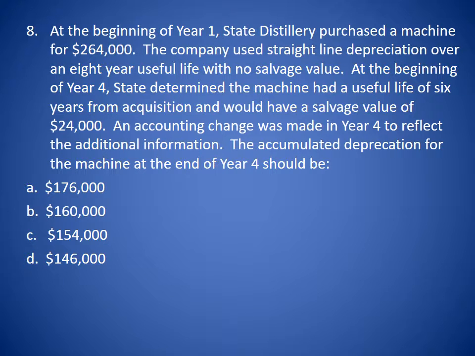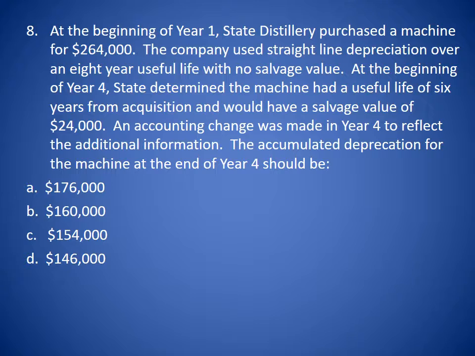Question number 8. At the beginning of year 1, State Distillery purchased a machine for $264,000. The company used straight line depreciation over an 8-year useful life, and there's no salvage value for this machine. At the beginning of year 4, the company determined the machine had a useful life now of 6 years from acquisition and would have a salvage value of $24,000.